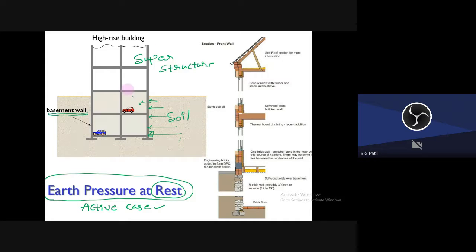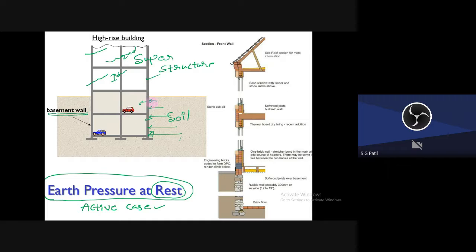Because all your superstructure is supported on this wall, right? Your first floor, second floor, all these floors are supported on this wall. Once this wall is moving away from the backfill, obviously this wall will also try to move, or if it is not allowed to move, then what will happen? The cracks will appear. Then the safety issues will come, right?